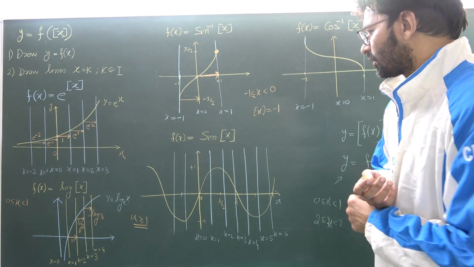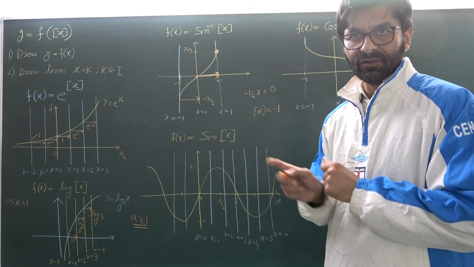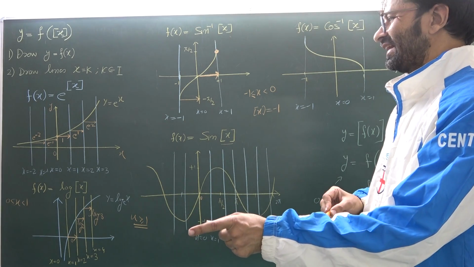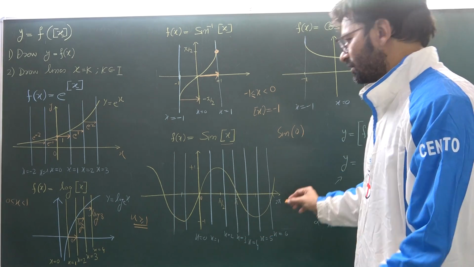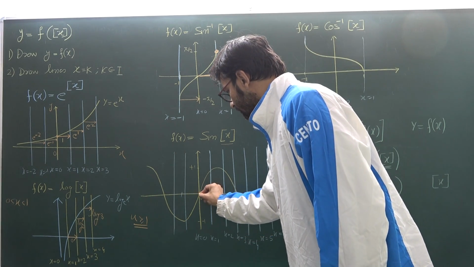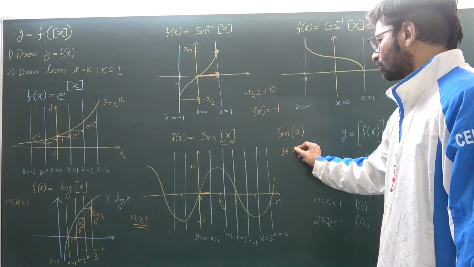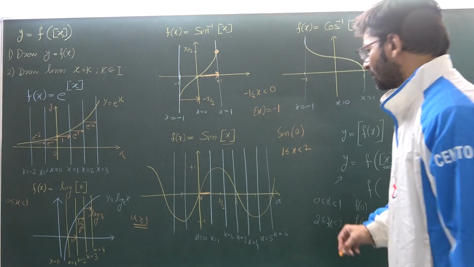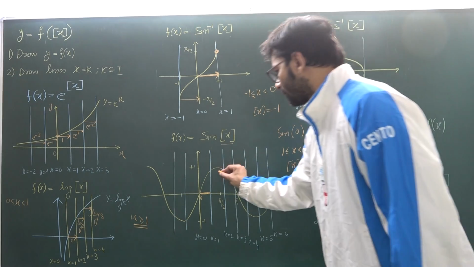If x lies between 0 to 1, then sine of 0 is 0. Between 1 to 2, the greatest integer of x will be 1, which means the output is sine 1.